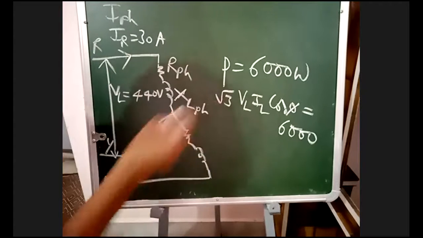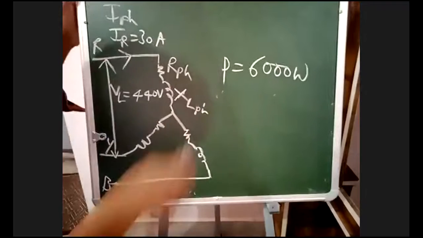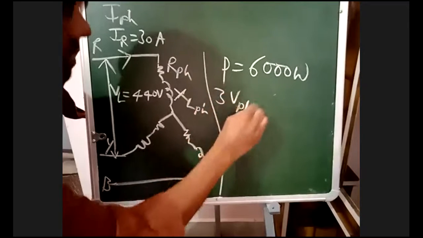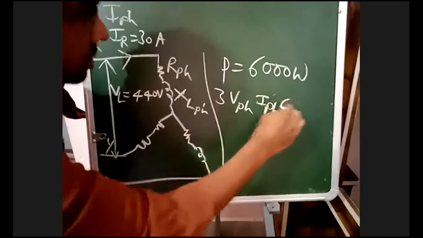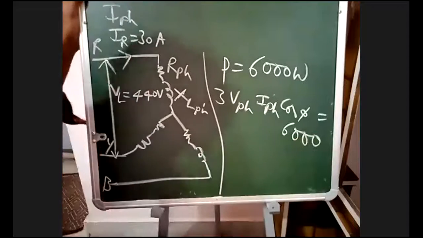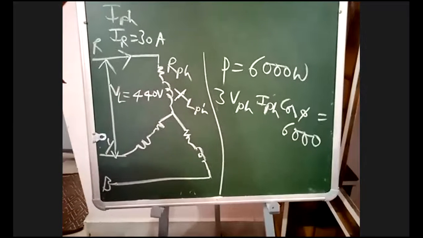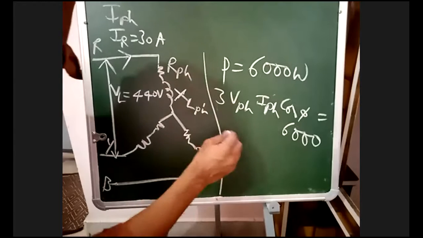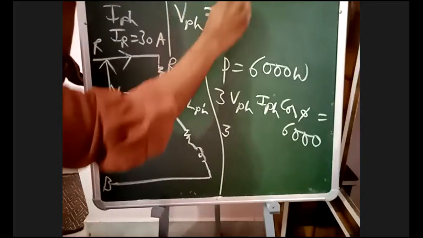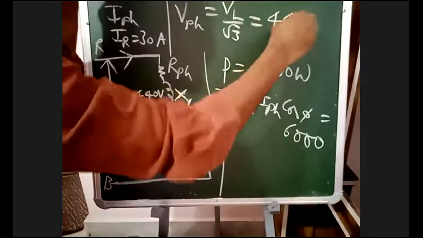Now here, which formula? It will be easy for you to take 3 into V phase I phase cos phi is equal to 6000. What is the phase voltage? VL by root 3. What is VL? 440 by root 3.